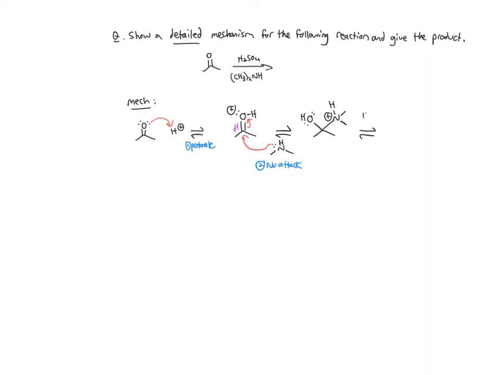We can use water, or we could use another molecule of the amine to help do this proton transfer here. So this was our proton transfer off step. That's going to give us this tetrahedral intermediate that's nice and neutral.